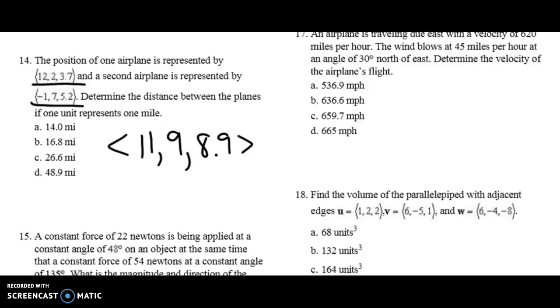Now to find the distance or magnitude between them, let's square them all, add them together, then take the square root of that. When I do that, I get 16.769, which rounds to approximately 16.8 miles.